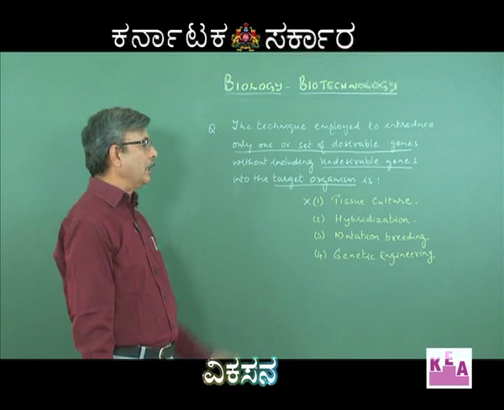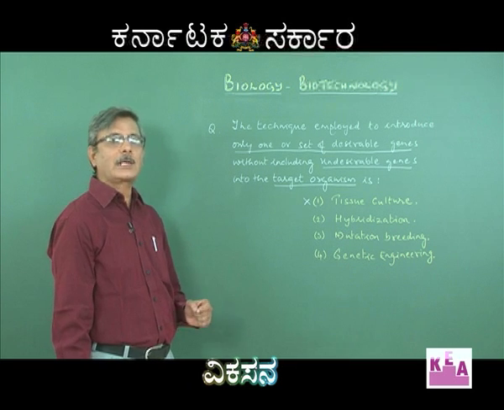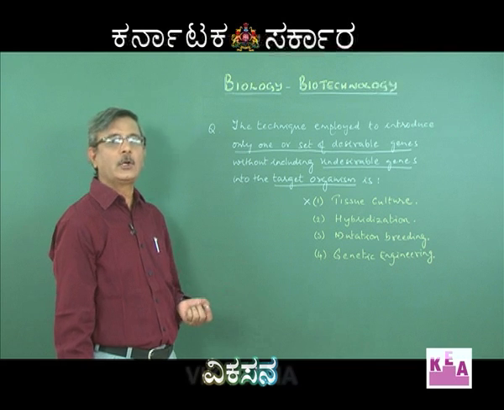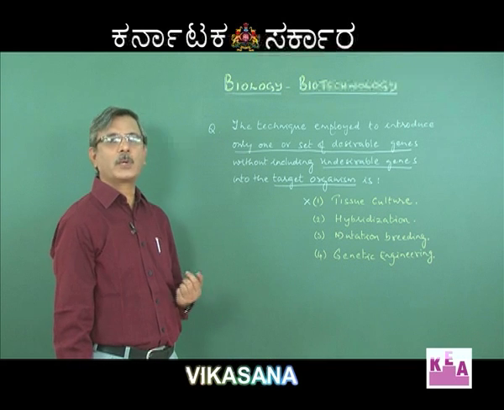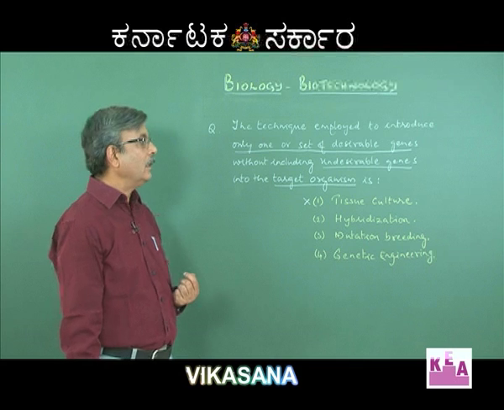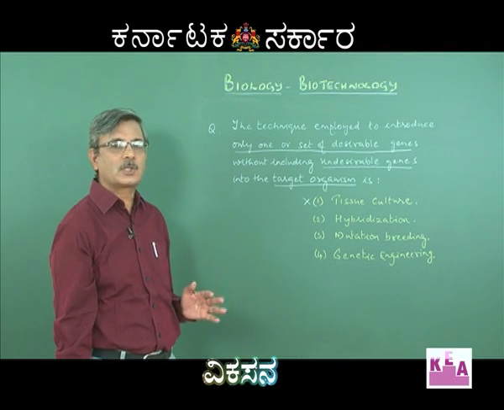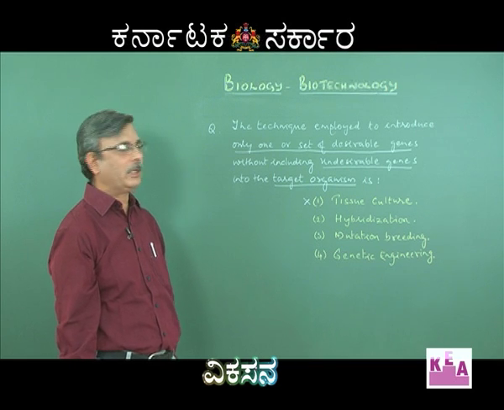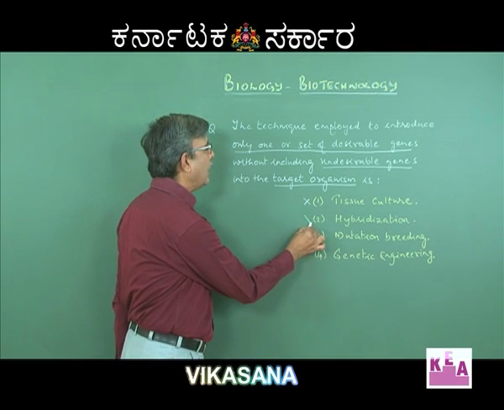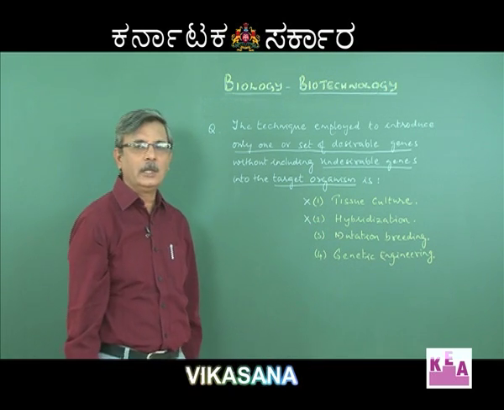And here the entire genome of the two parental stocks is transferred into the hybrid or the offspring. Thereby, along with the desirable, there is always a chance of undesirable genes also entering into the hybrid. So, even hybridization is not an answer.